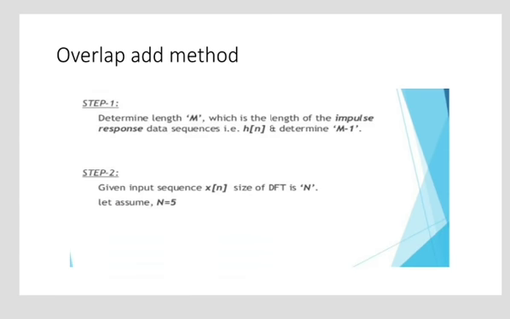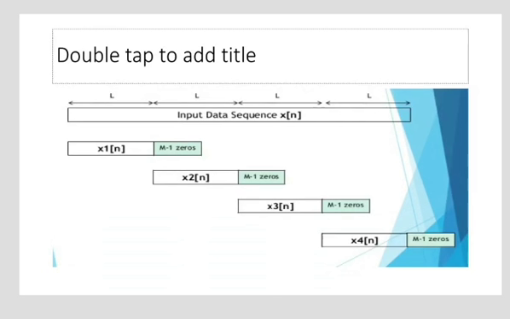Now in the overlap add method, the next step is different from the overlap save method. First, the input sequence x of n can be written as it is, that is the given sequence 3 minus 1 0 1 3 2 0 1 2 1. In the overlap save method, we save the previous data before the x1 of n values. Here we add M minus 1 zeros after the values of x1 of n.